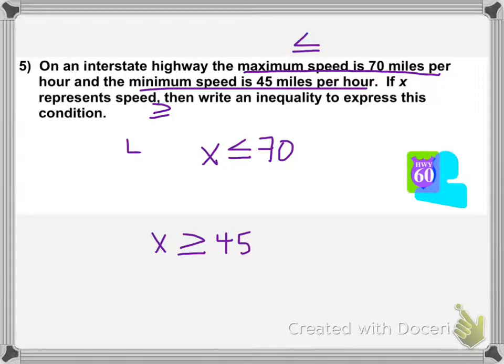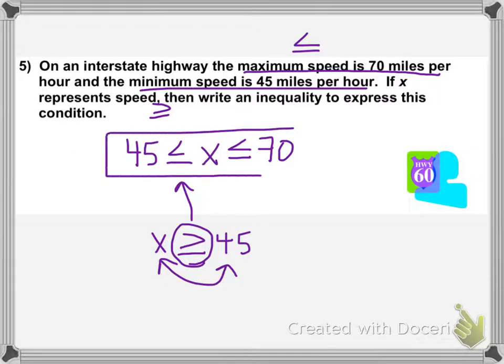So if I want to get that 45 at the start of my compound inequality, I'm basically flipping the x and the 45, which means I also have to flip this symbol, which is going to be another less than or equal to.